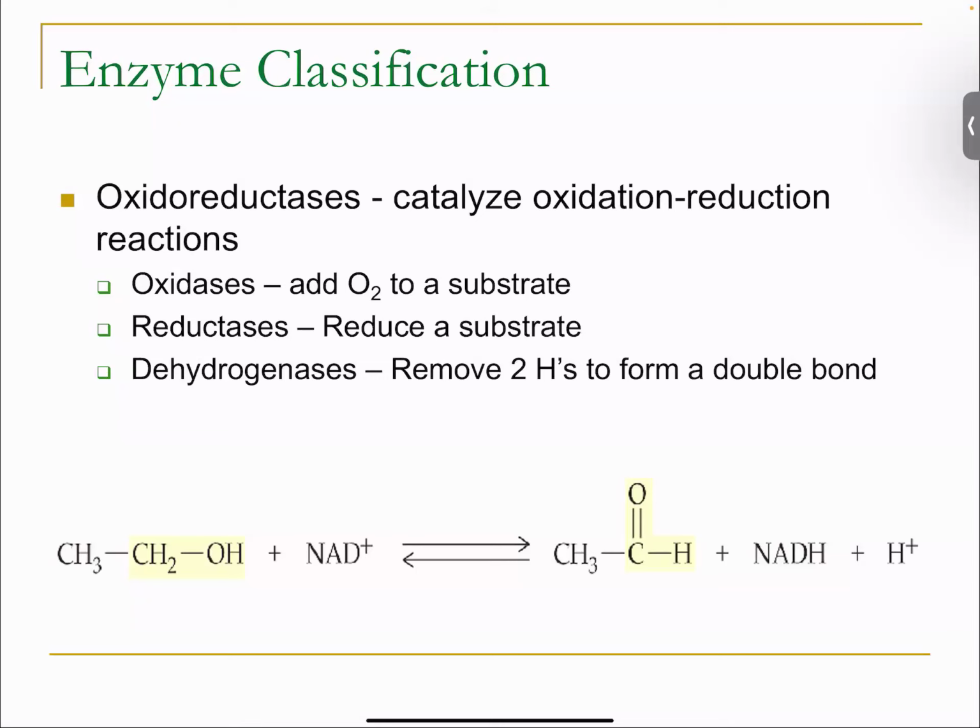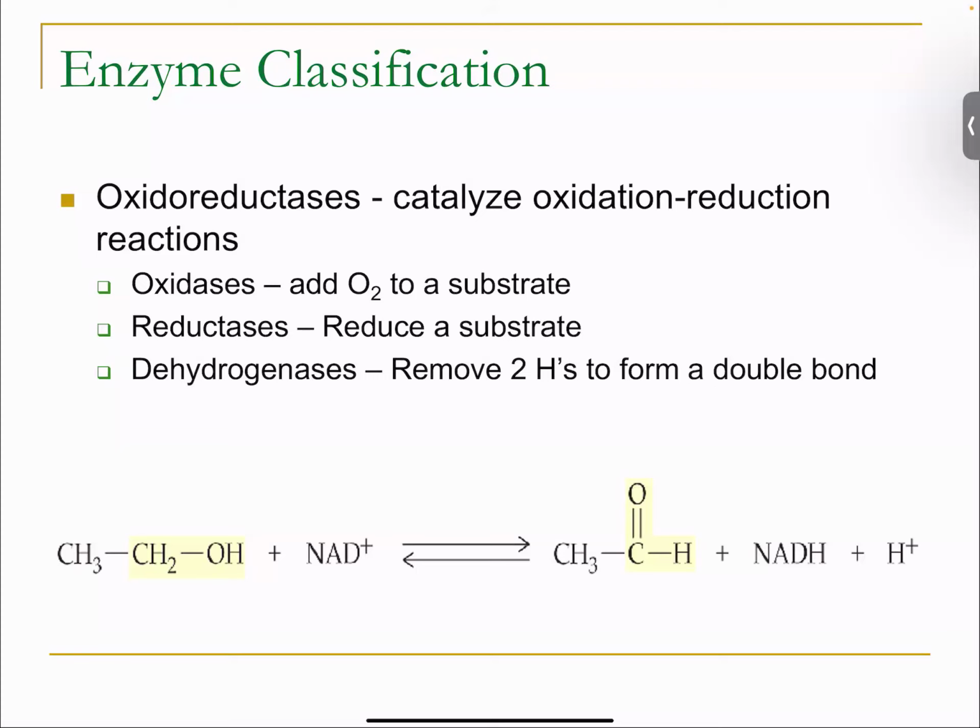The first class we're going to talk about is oxidoreductase. Oxidoreductase has the name oxidation and reduction. So oxidoreductase causes either oxidation or reduction. That is the class, oxidoreductase. There are 3 subclasses of oxidoreductase.